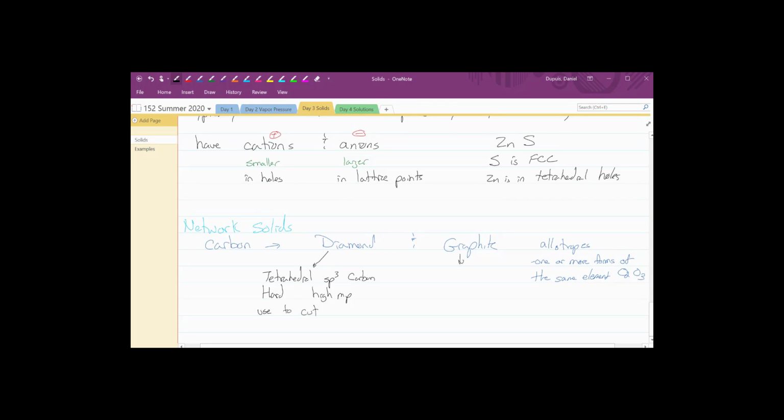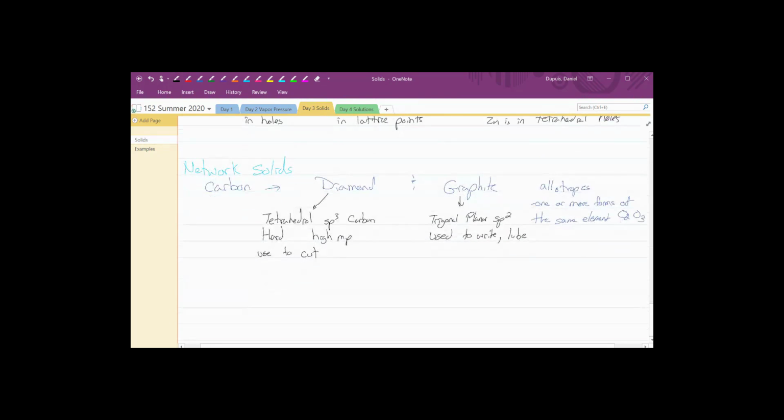Graphite is trigonal sp2, right? And it's more used to write, for pencil lead, and as a lubricant. Sometimes there's graphite lubrication that's not oily.